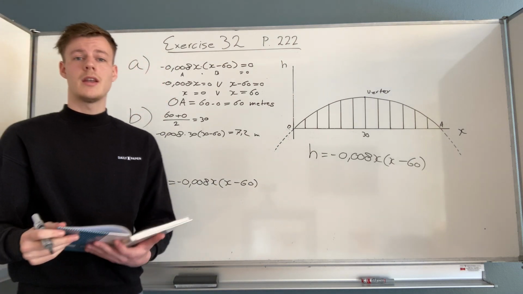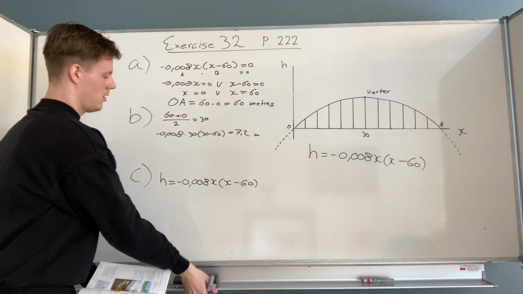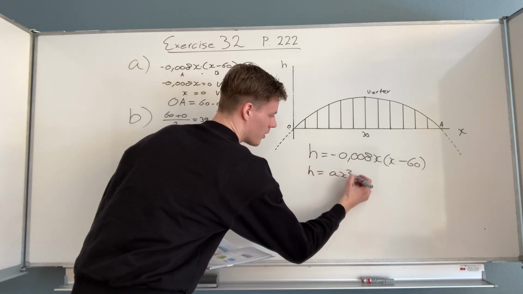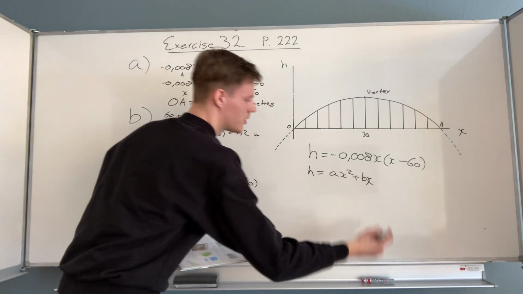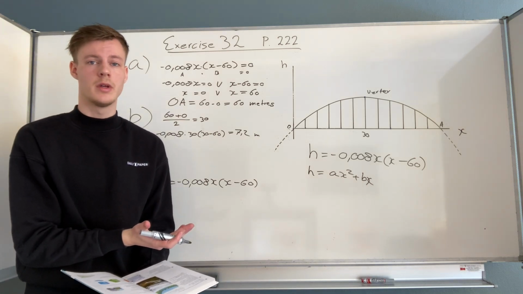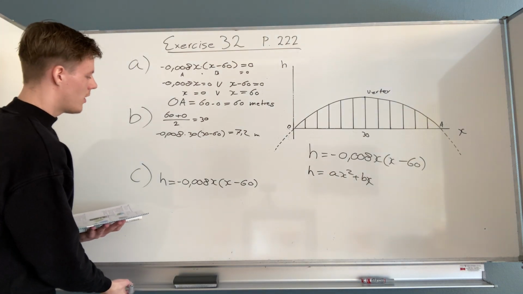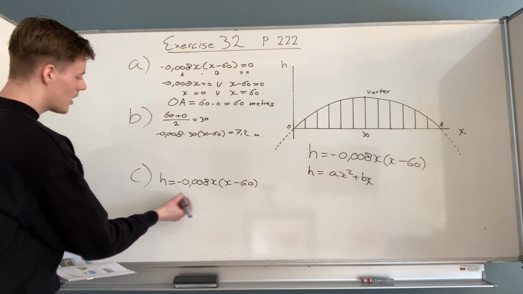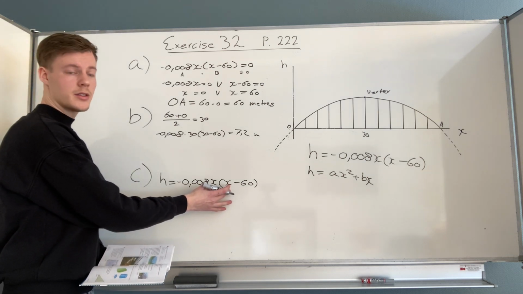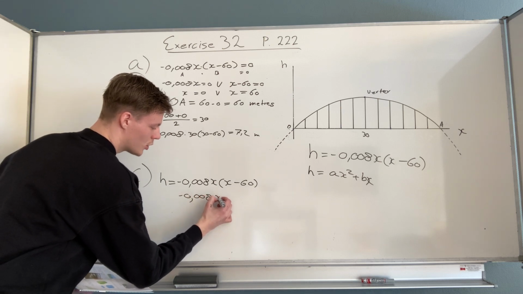Okay, then question C. Write the formula for h in the form ax squared plus bx. Well, we see that we don't have any brackets in this form. So let's try to get rid of the brackets in the original formula. If we do that, we have to multiply minus 0.008x times x, which gives us the same number times x squared.